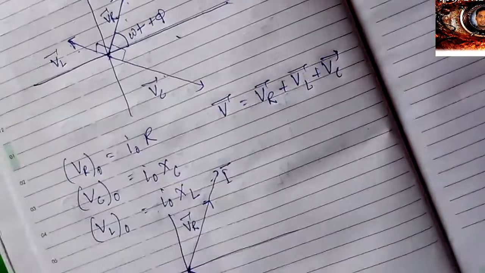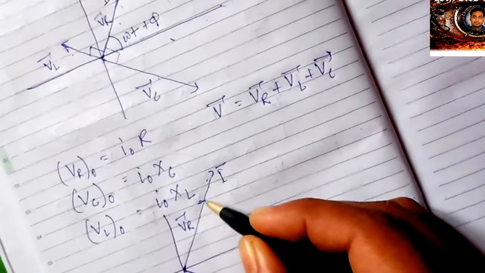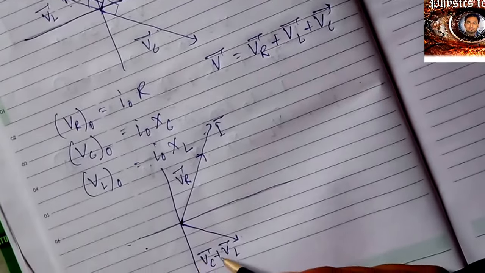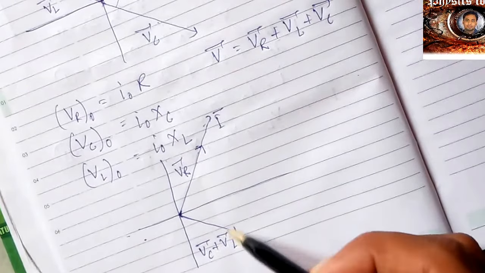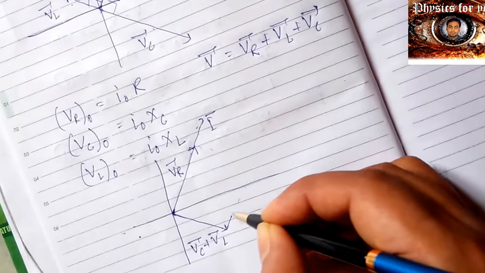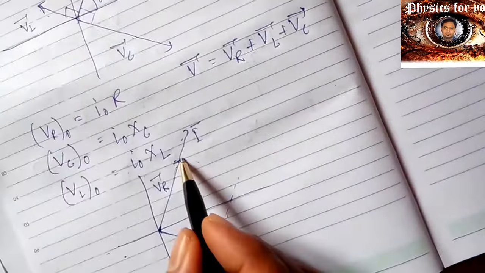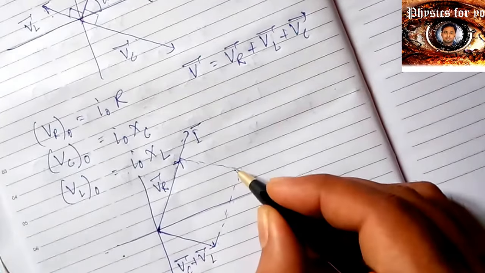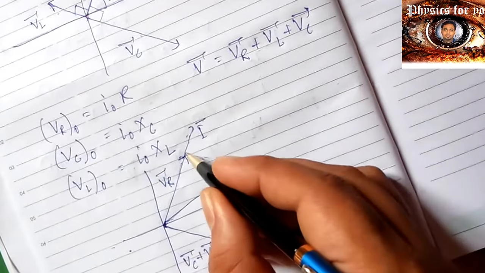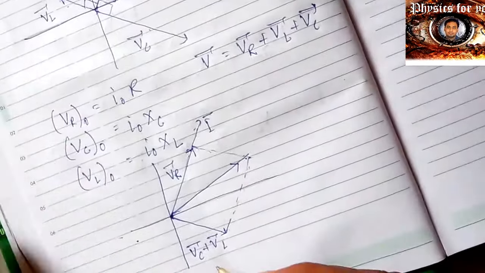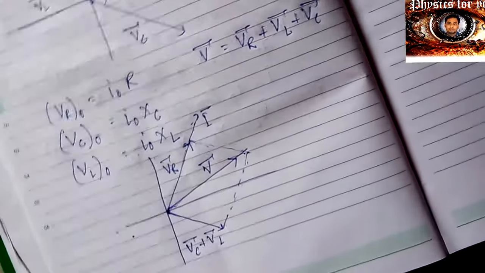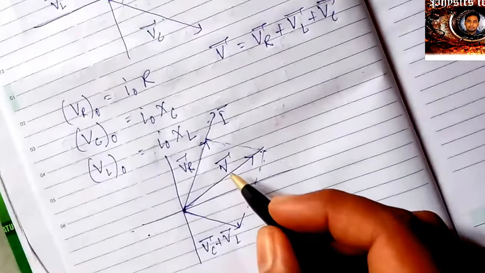So now to find out the total voltage, we have to find out the resultant of VR and VC plus VL. So we use the parallelogram law to find out the resultant. So this is the resultant of the two, that is the phasor of the resultant of the two should be the phasor of the applied voltage.